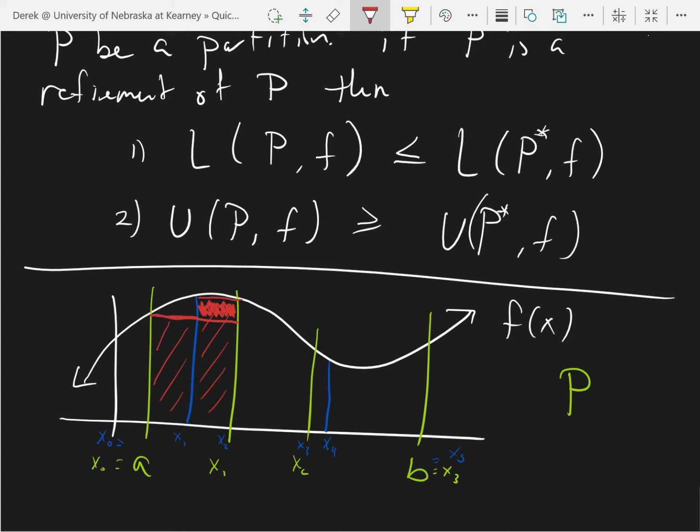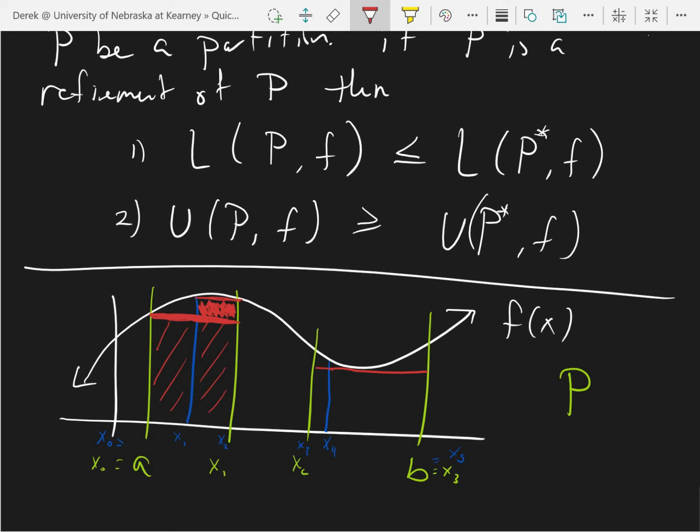Like I was saying, this minimum weighted value here doesn't have as much weight as it did before because the interval that it works on isn't as big. I have a bigger lower value on this other part of the interval. Same here. This point was added to the partition.